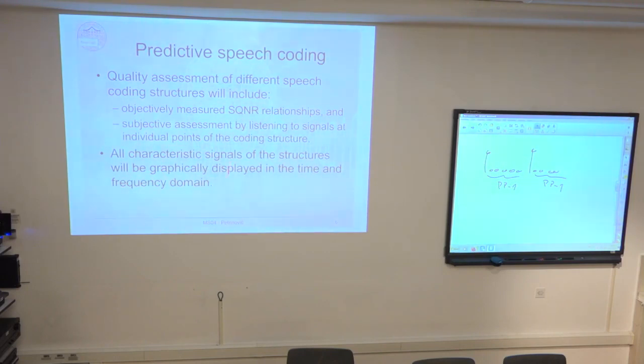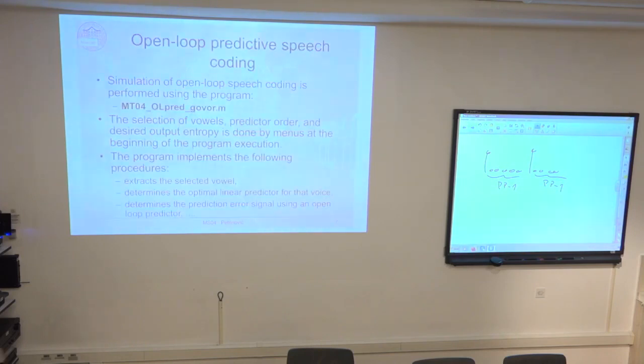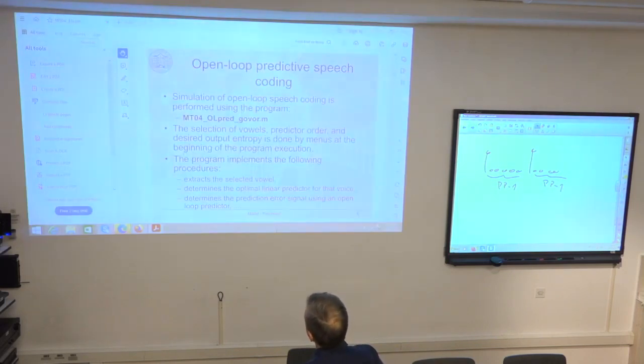And all characteristic signals of the structure will be graphically displayed. So I will now start a program. First, for the case of open loop predictive speech coding, MT04 open loop predictive coder. Okay, I'll have to start MATLAB.